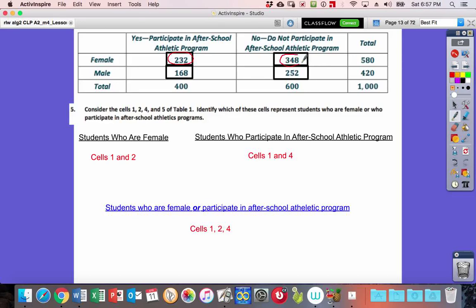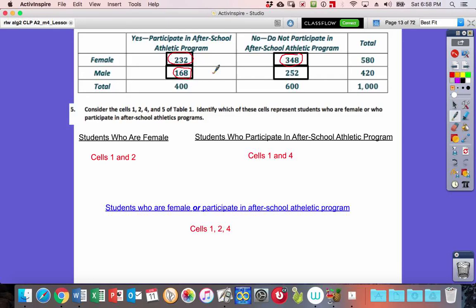Those are all the females. Students who participate in after-school athletic programs are that 232 and this one down here, 168.